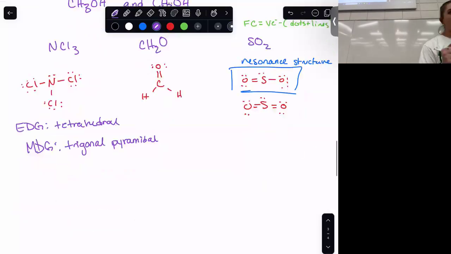Okay, do we have polar bonds in our nitrogen chloride bonds? Yep. Which one's more electronegative? Chlorine is going to be more electronegative, so which way are our bonds going to point? Yep, towards chlorine from the nitrogen. Do we have symmetry?